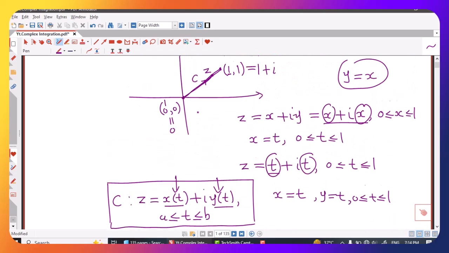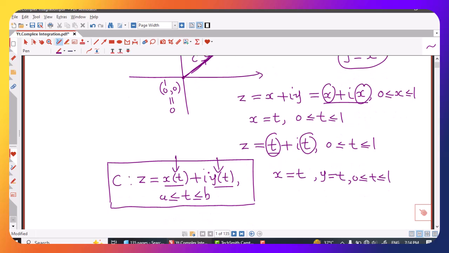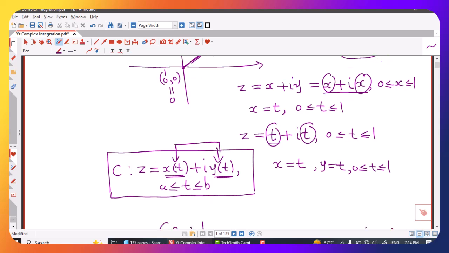A curve in the complex plane is the set of points z between two fixed points where we can represent z as x(t) plus i times y(t), and x(t) and y(t) are continuous functions of the real parameter t.